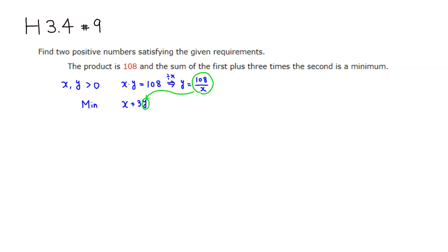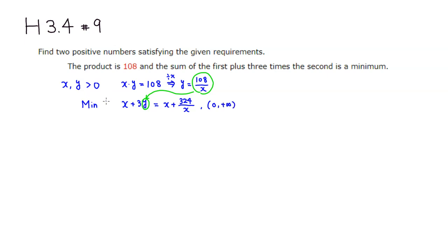So I can rewrite this as x plus, let's see, you have to multiply 108 times 3. 3 times 8 is 24, and 3 times 1 is 3, so 324, and then divide by x, right? And remember that x has to be positive, so we're looking for x positive. So x is a positive number.